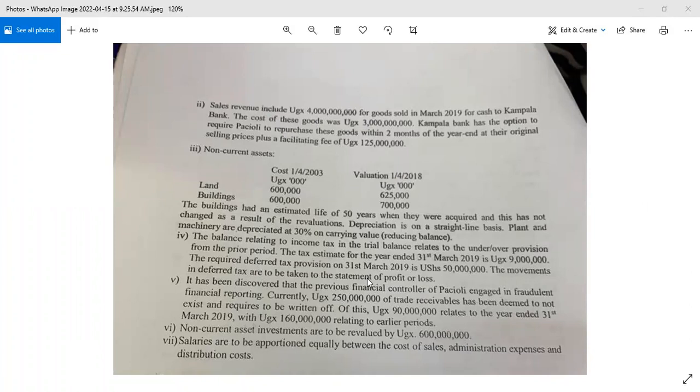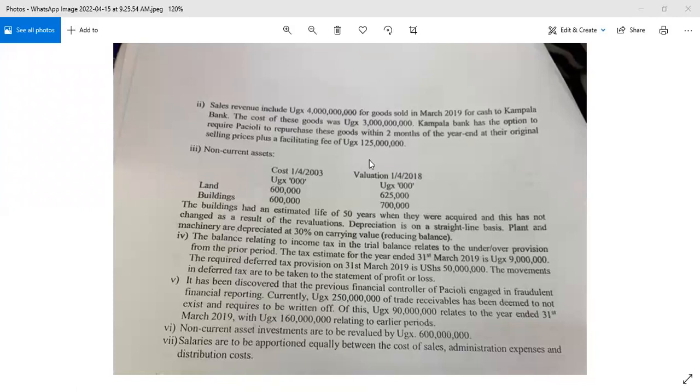But usually it's not a line in the income statement, so we take it under the income tax expense. So it increases the income tax expense. If it was a decrease in provision for deferred tax, you debit your provision, and the credit will affect the expense, which is the income tax.